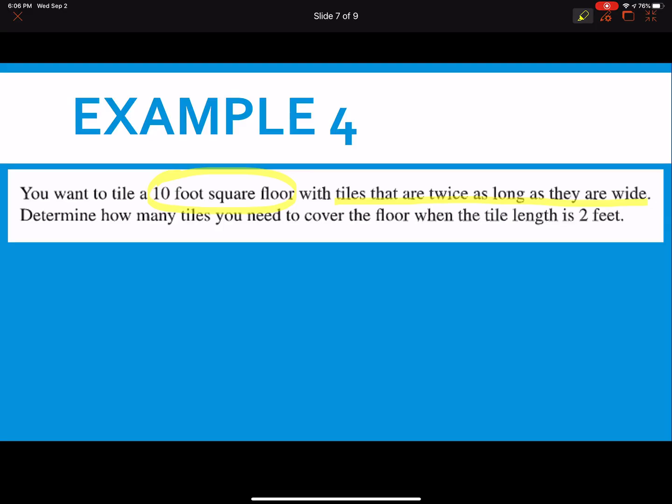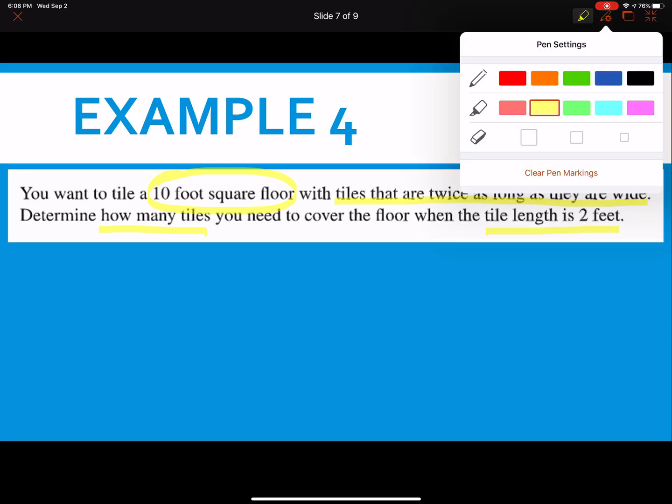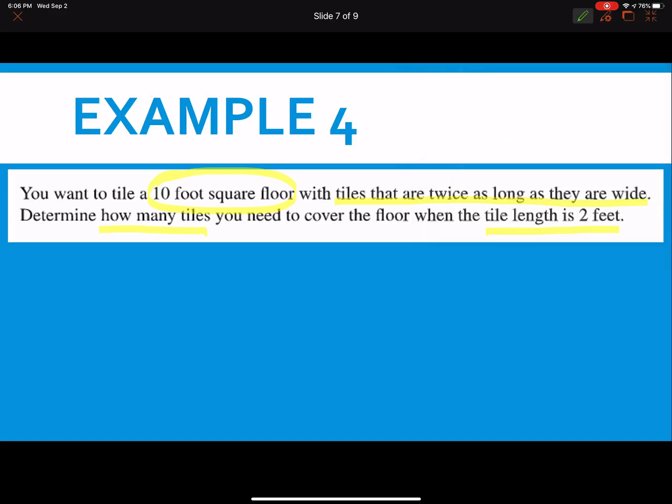And the last part is telling us what we need to determine: how many tiles you need to cover the floor when the tile length is 2 feet. So some important parts there that we want to be looking at.